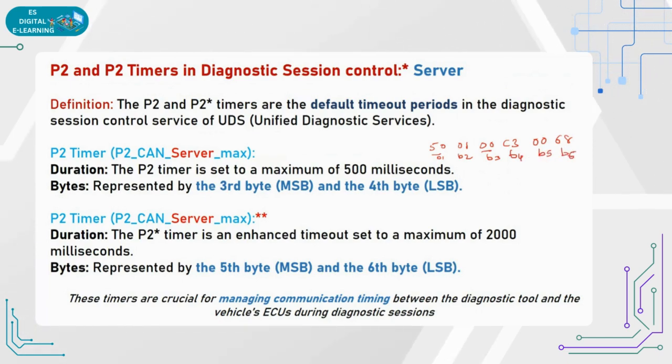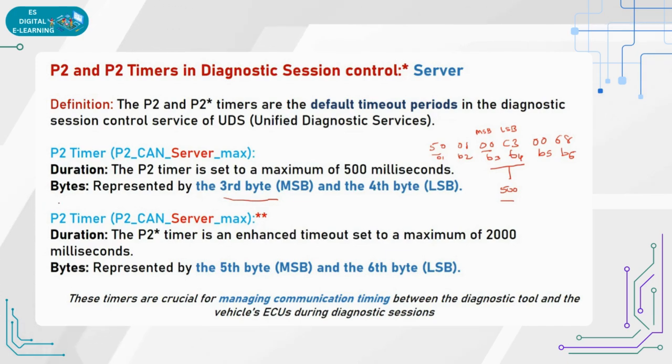Byte 3 and byte 4 talk about the value of 500 milliseconds. The third byte will be the MSB and the fourth will be the LSB, the most significant and least significant byte. So this will be the 500 milliseconds.